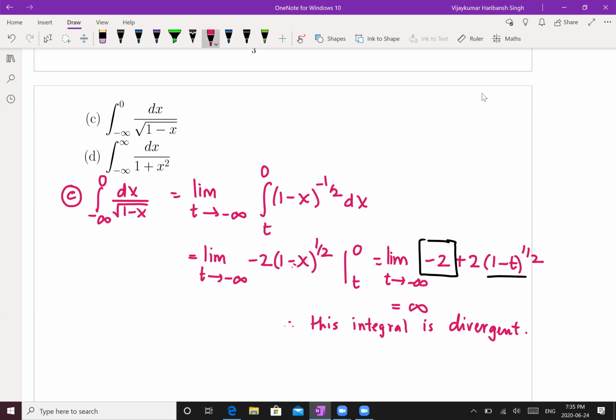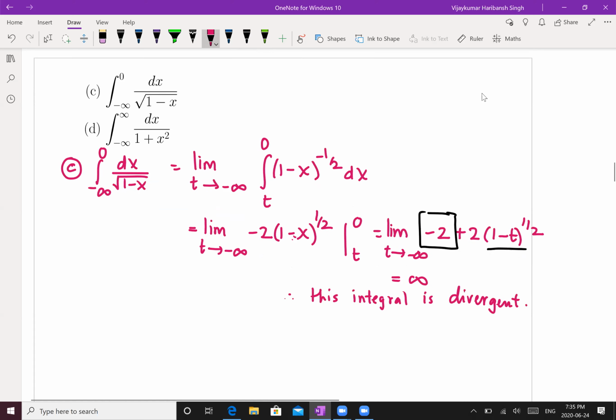All right, let's move on to the next part, D. We have the integral from minus infinity to infinity of dx over 1 plus x squared.